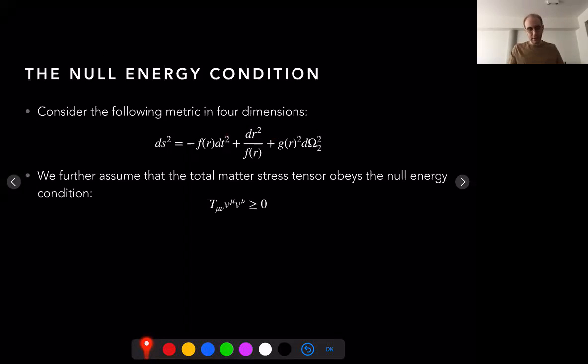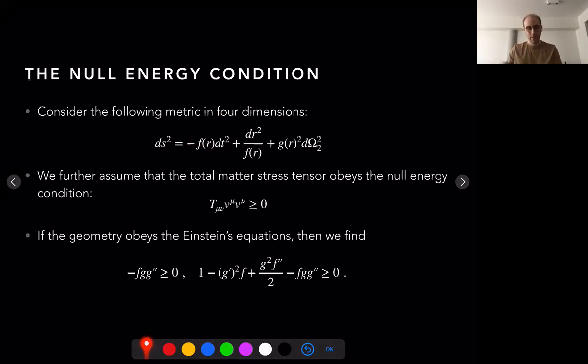So what does the energy condition say? It says that if you have matter, your stress tensor contracted with any 2 null vectors should be greater or equal than 0. So if you combine that with Einstein's equations, you will get some inequalities that both f and g should satisfy. And this is basically what you get.